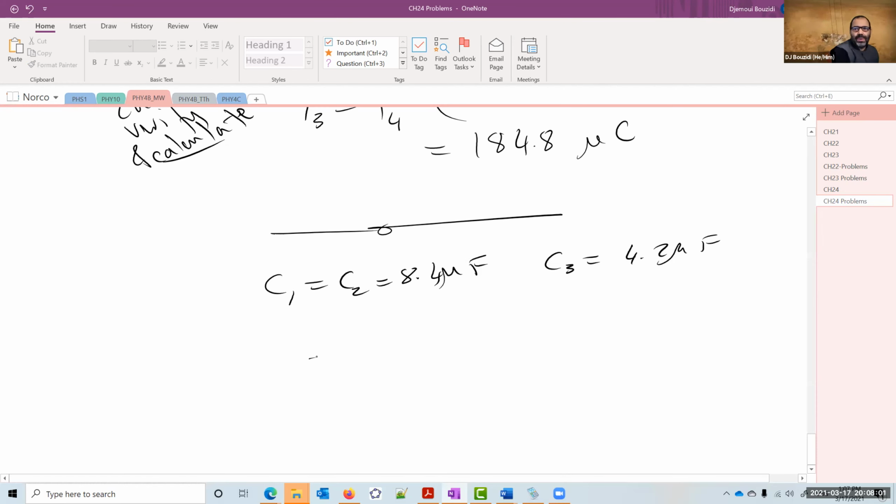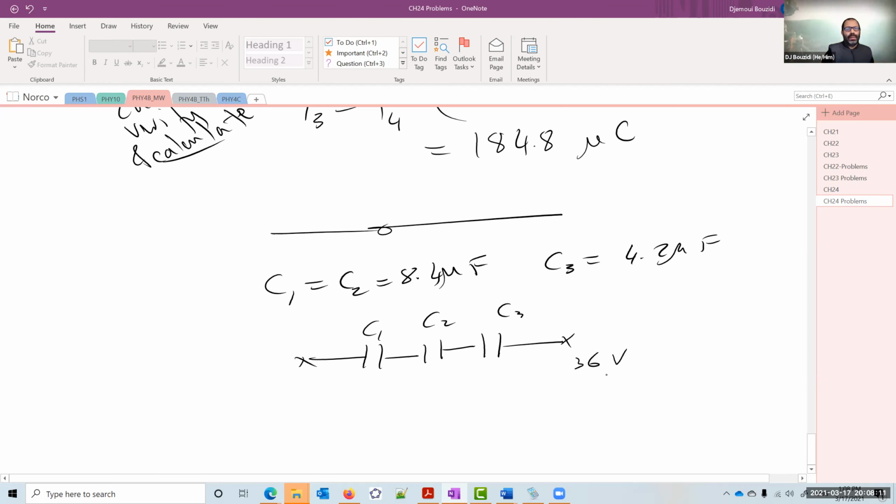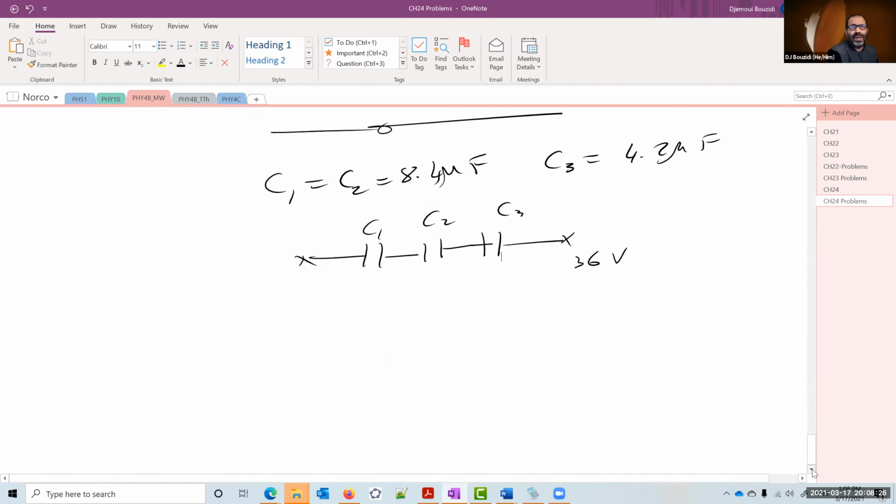So you take all of this and you put them. This is C1, this is C2, this is C3, and you put them across 36 volts, basically a battery or something. What is the charge on the 4.2 microfarad capacitor? Which is the charge in here? It's going to be the charge on either of them, okay? It's the same charge everywhere. So I need to find C equivalent in here.